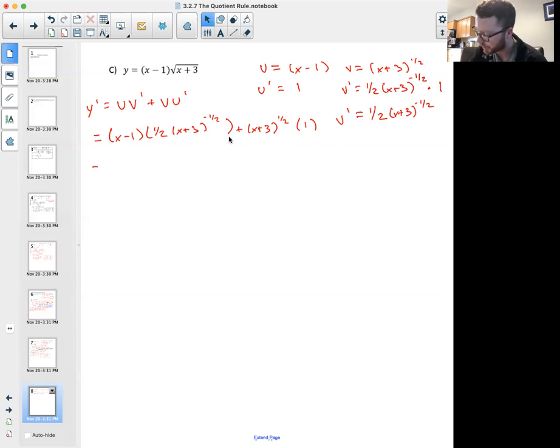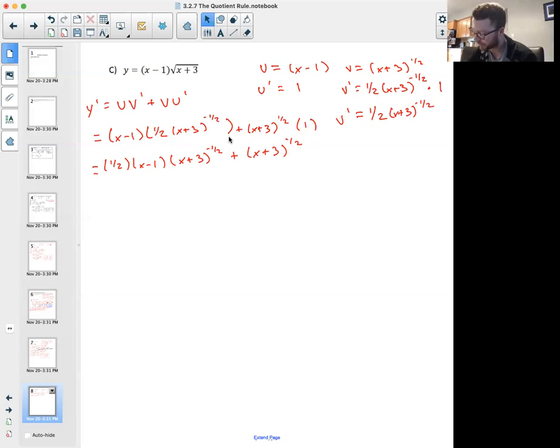So like we've been doing, let's take the whole coefficients out. And then we'll just be left with x plus 3 to 1 over 2 right there, because we just multiplied the 1 in there.